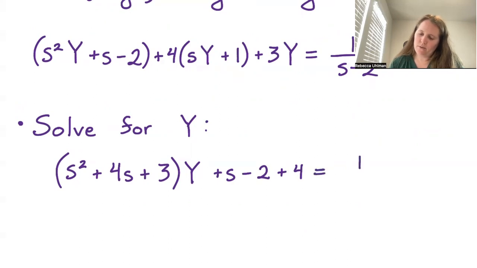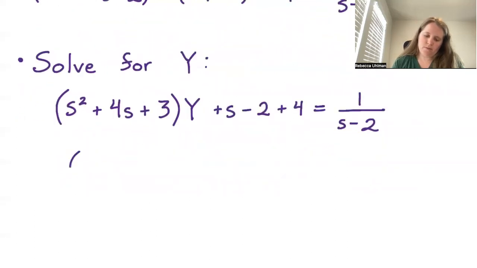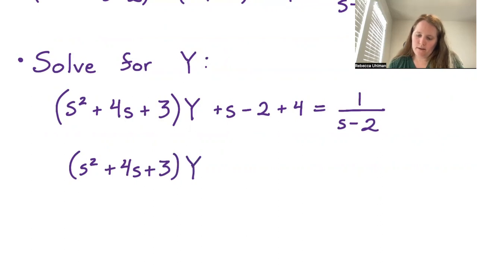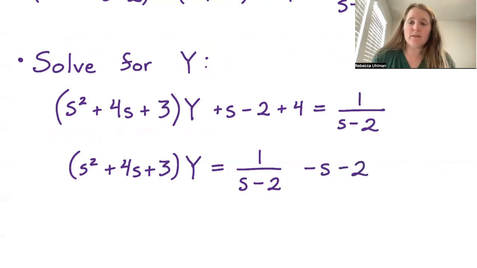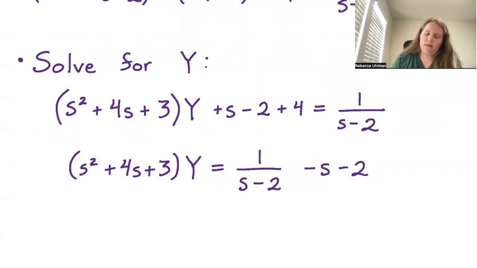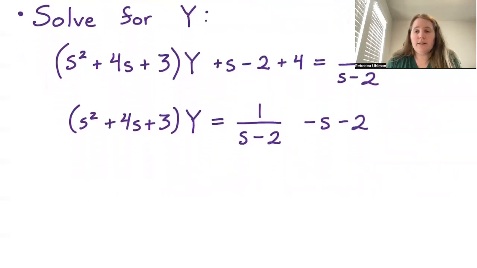And then that should all equal 1 over s minus 2. So this becomes s squared plus 4s plus 3 multiplying Y, and this is equal to 1 over s minus 2 minus s minus 2, since negative 2 plus 4 is positive 2, and then subtract it to the other side. Note, the thing multiplying Y is just our characteristic equation, so you can kind of check you did your algebra correctly.